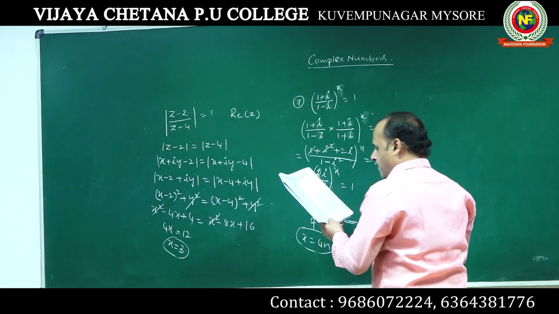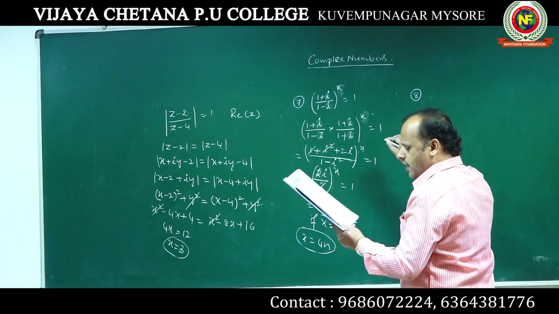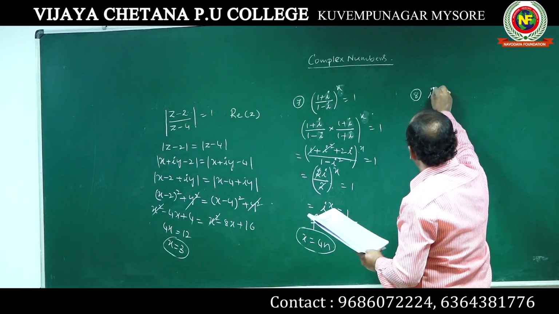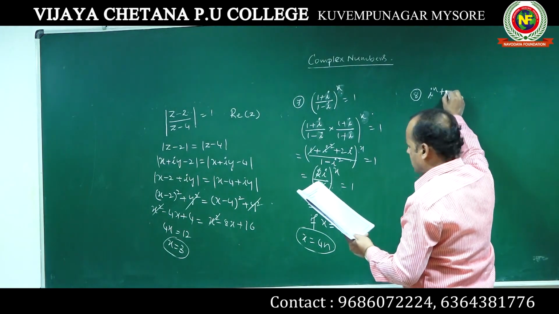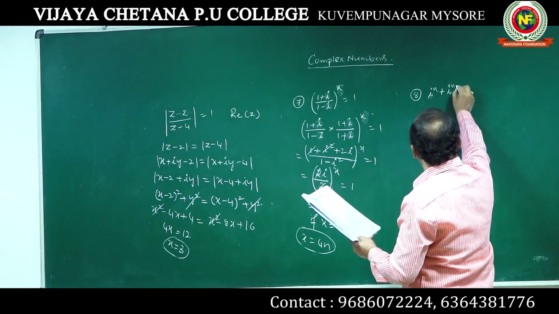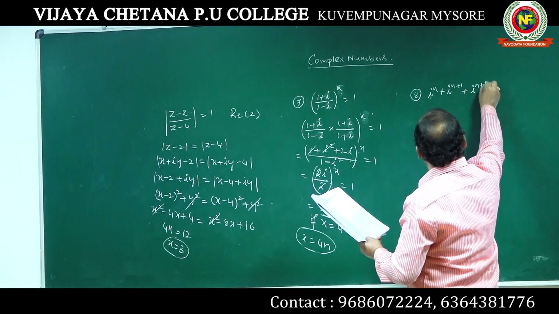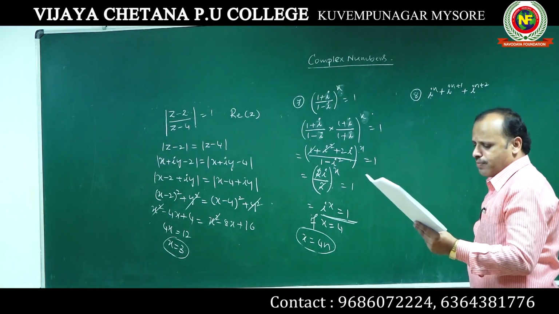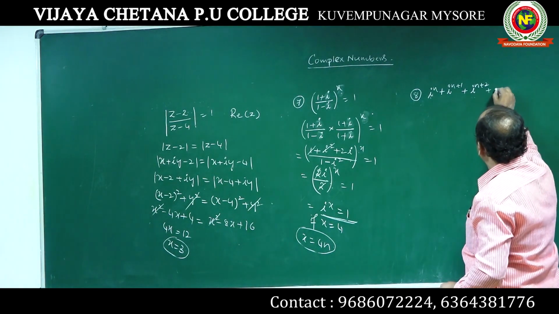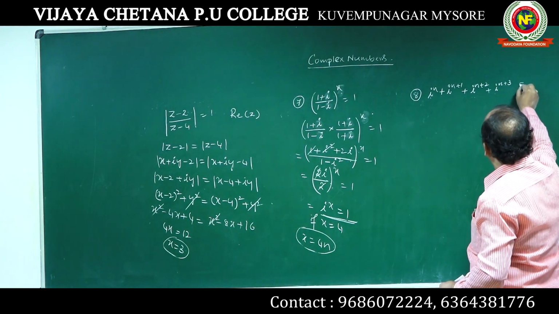Now here, question number 8. i to the power n plus i to the power n plus 1 plus i to the power n plus 2 plus i to the power n plus 3 equal to.